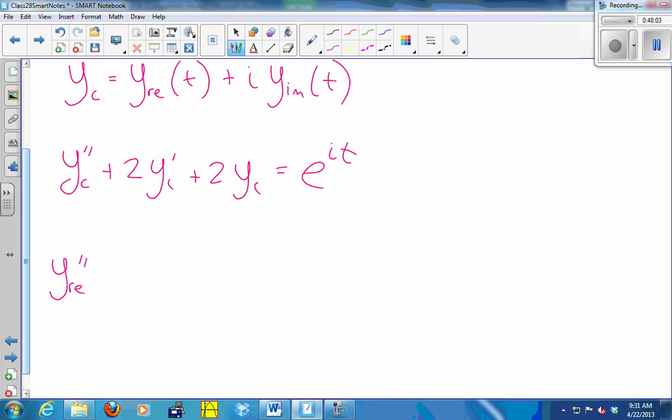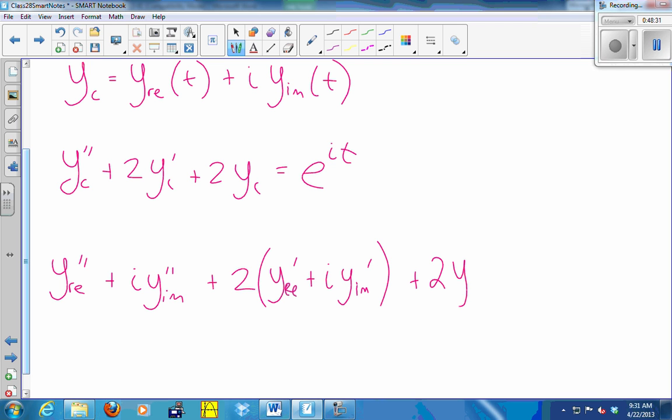The real part plus, so that's y double prime plus 2 times y prime plus 2y, and rewrite e to the it as cosine t plus i sine t.